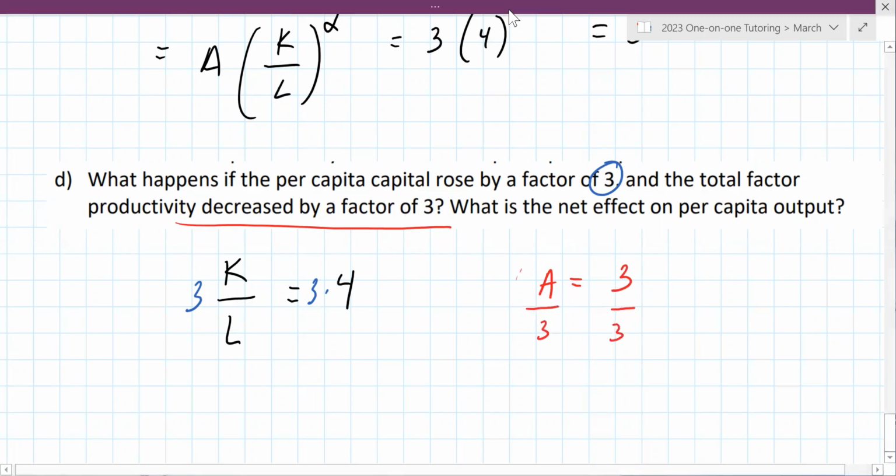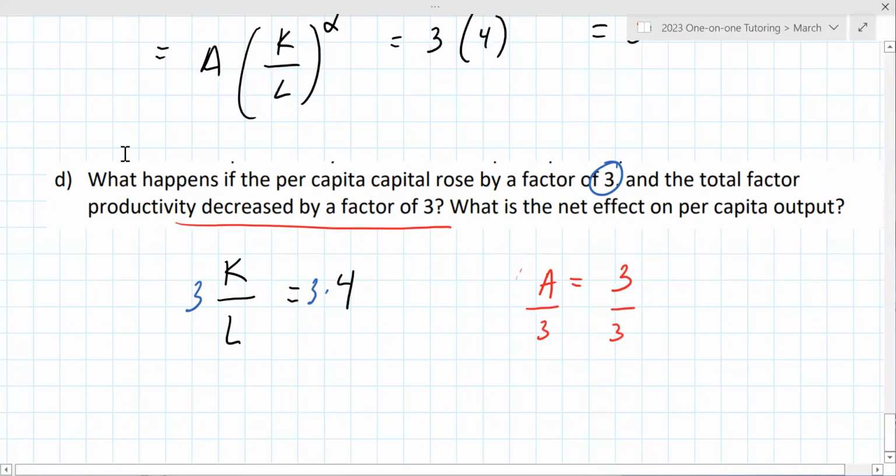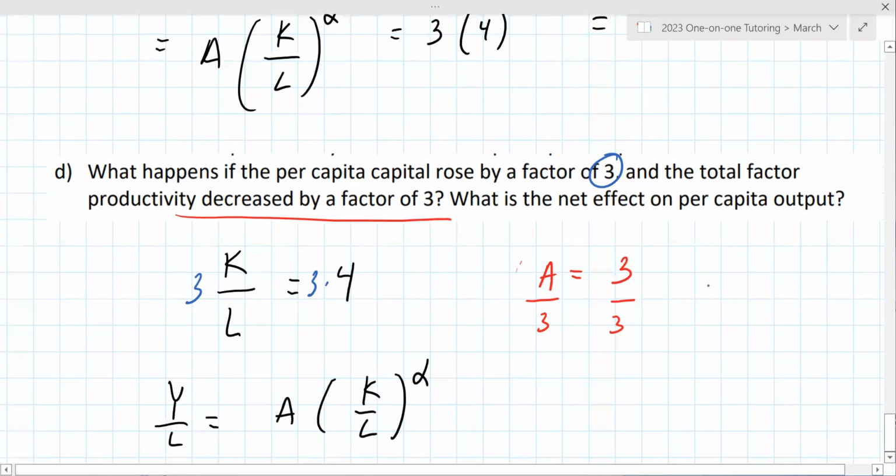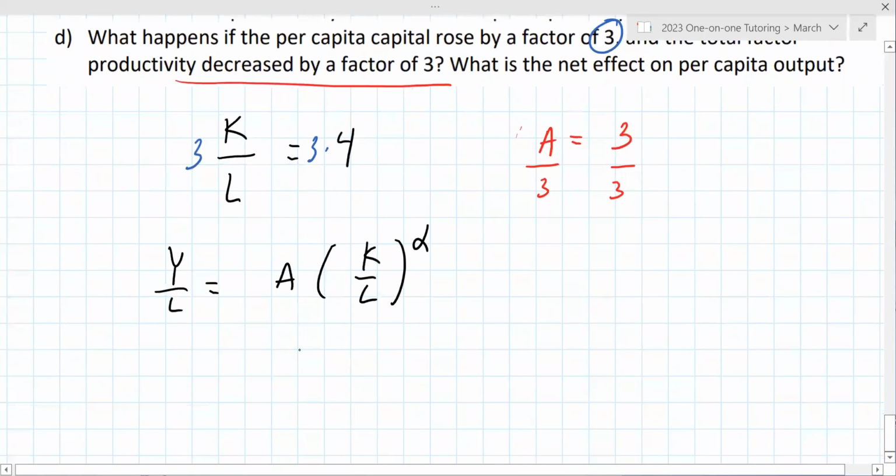You're going to use the same Y over L relationship, which we know simplified, unless you want to redo the calculation. Your new A is 1, and your new K over L is 12, because it's 4 times 3. And that's whatever it is, 3.5.